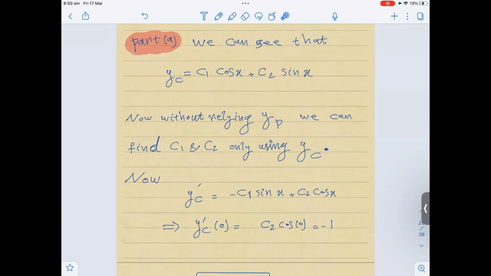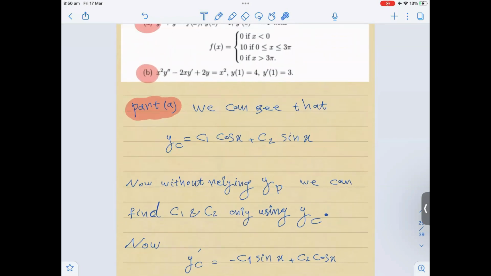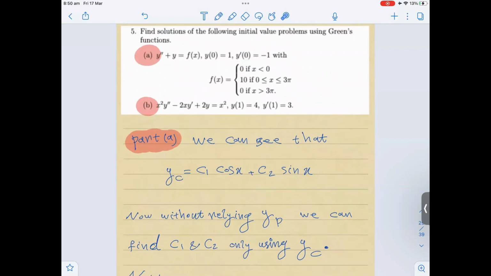Now, what are the good things about Green's method? As in your lecture notes, g(x,t) has some properties. Actually, finding yp using Green's method has properties, and they are these: yp of 0 is 0, yp prime of 0 is 0.